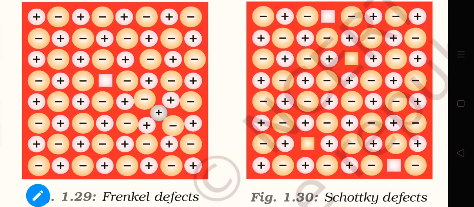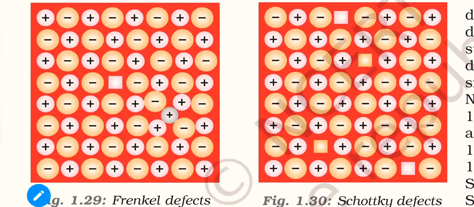The smaller sized particle, usually the positive ion, will be displaced or moved from its initial location. That means the particle is dislocated from its initial or normal site to an interstitial site. For example, in this case, this location is the actual or normal location of the positive ion. But the positive ion is dislocated or moved from that location to a new location, which is actually an interstitial site.